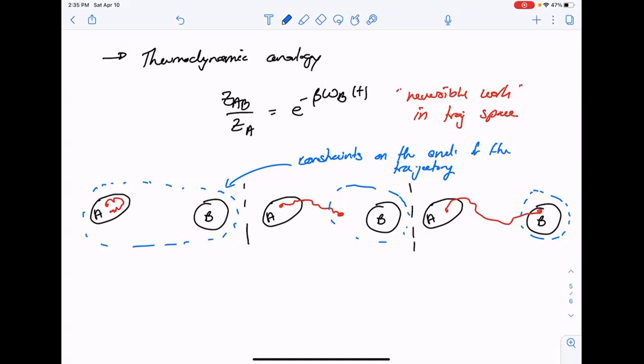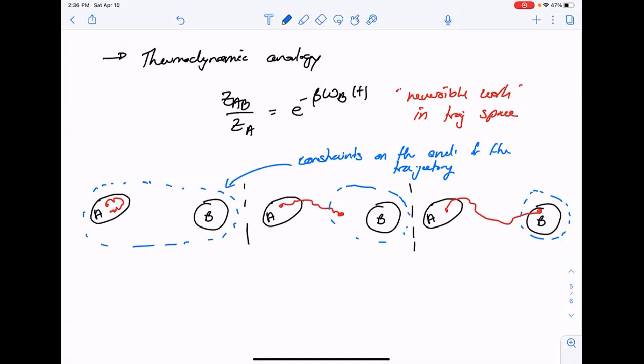It just depends on the endpoints. Analogously, this is suggestive of the notion that one can construct reversible works in path space, and thus, independent of those details of how you decide to draw these constraints, compute the rate. In this case, the rate is just a product of these endpoints also. It's a state function in the path space.